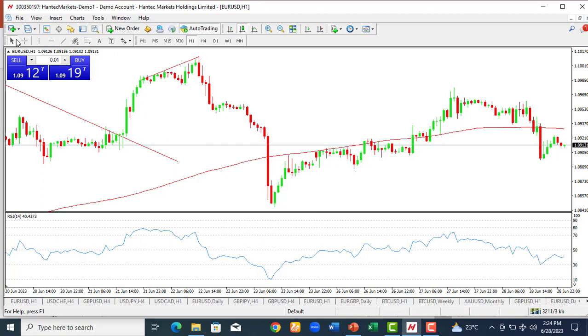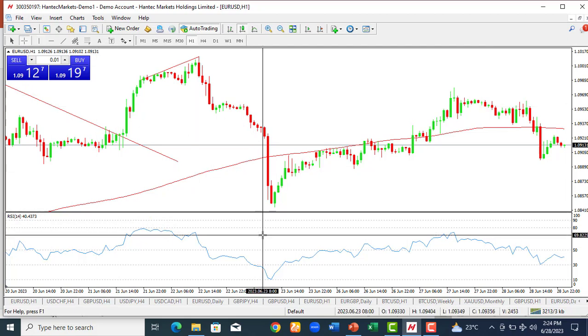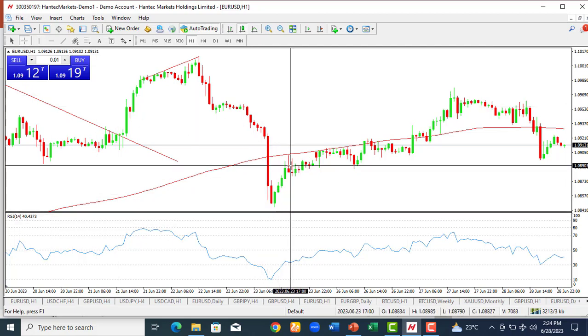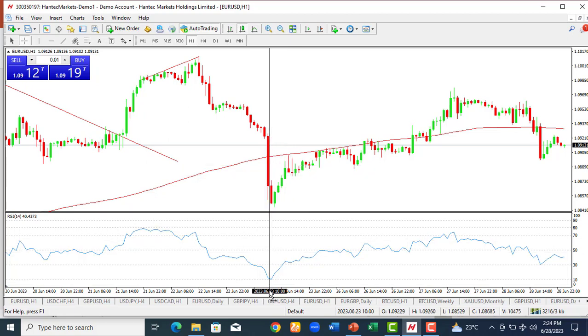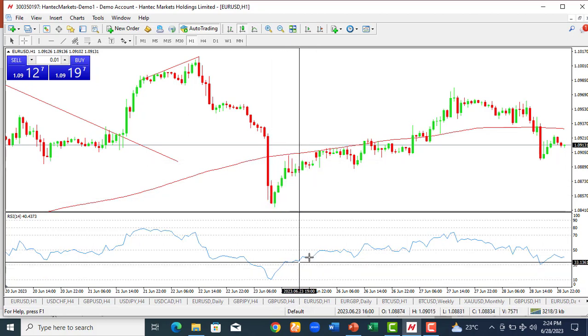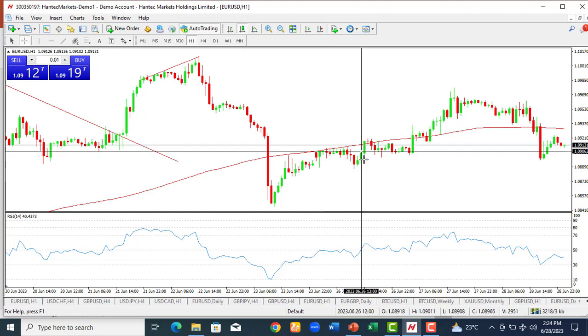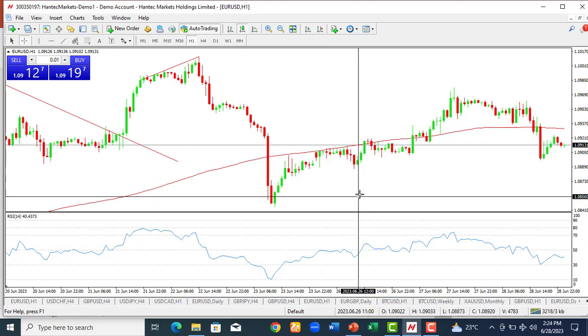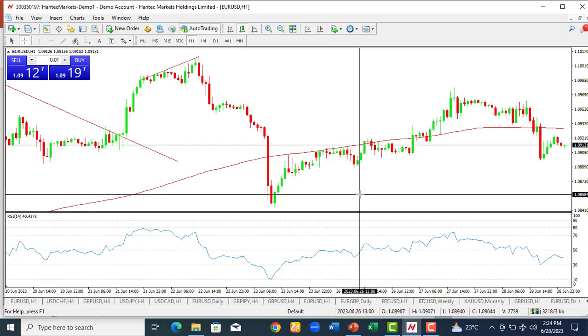Looking at this, you will find out that whatever price does, the oscillator will do the same. You can see price moving up, you see the oscillator moving up, price trying to come down, the oscillator follows.